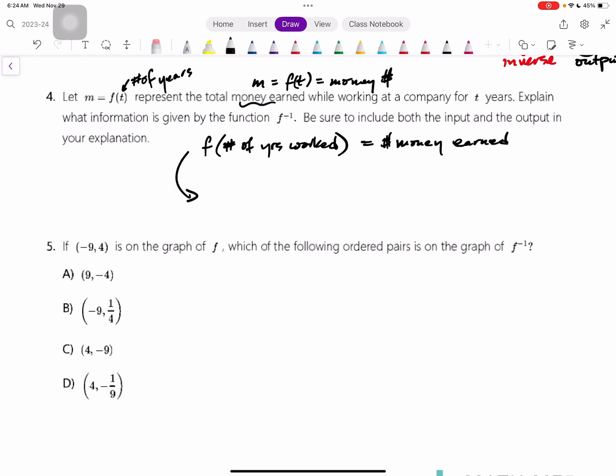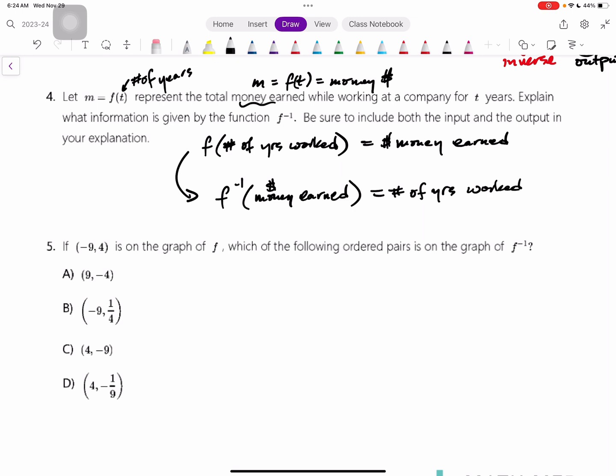If I take the inverse of this function, that tells me that f inverse takes the money earned and sends it right back to the number of years worked.